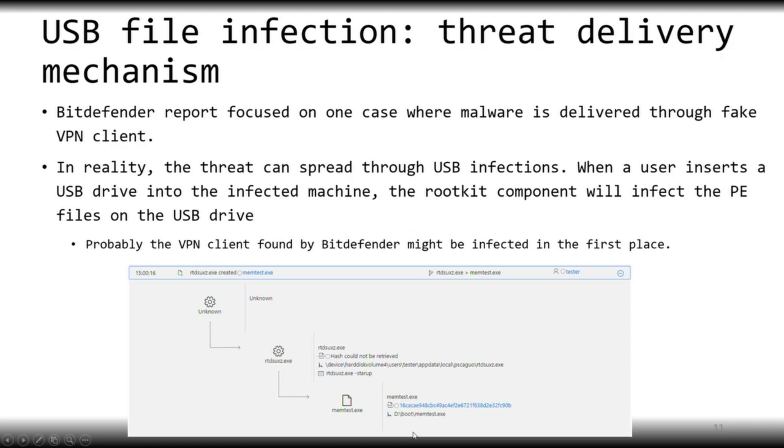Bitdefender described the initial infection vector as a fake VPN client, but we suspect that maybe this USB infection is one of the reasons how that fake VPN client was infected in the first place. This is more of speculation.